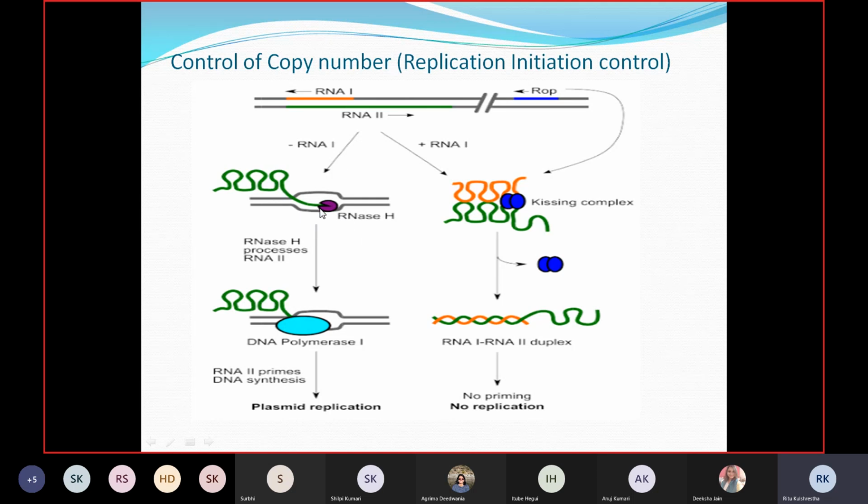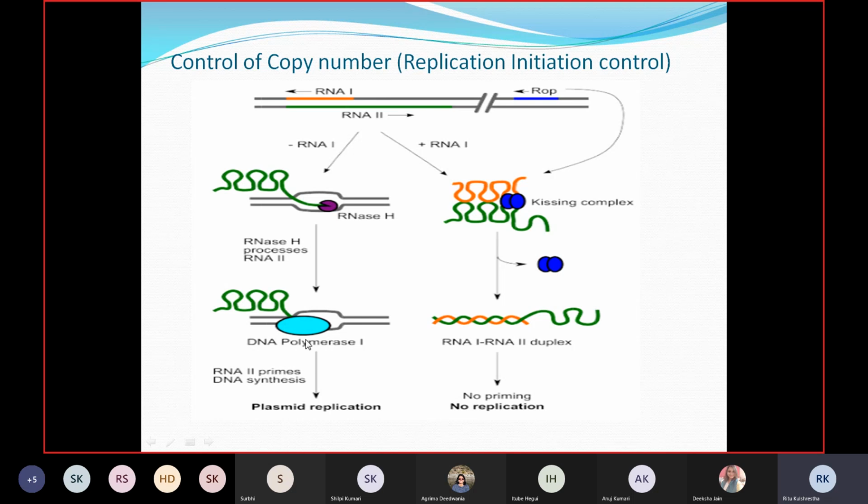So the 3' end of this transcript is acted upon by the RNase H enzyme. If you remember my previous class, I told you that RNase H is the enzyme which cleaves the RNA in the RNA-DNA hybrid. So it cleaves the 3' end, and this free 3' OH group that is now generated is recognized by DNA polymerase 1, which is recruited here.